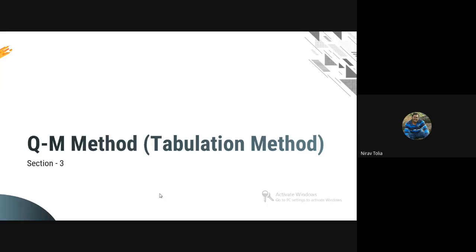So how do we reduce an example by using the QM method, or tabulation method? Again, there are certain rules to solve the example using the QM method.